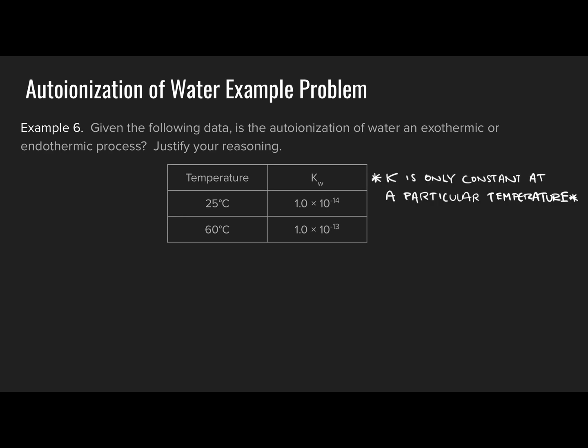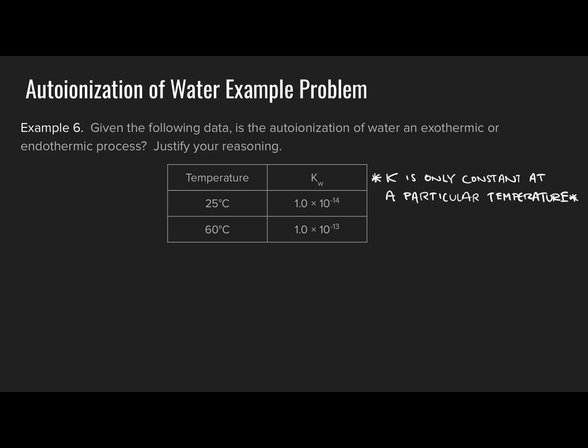If we increase the temperature of the system to 60 degrees Celsius, the value of that autoionization constant becomes 1.0 times 10 to the negative 13th. That is a larger value of Kw, implying at higher temperatures, the autoionization process apparently is a more favorable event to occur.